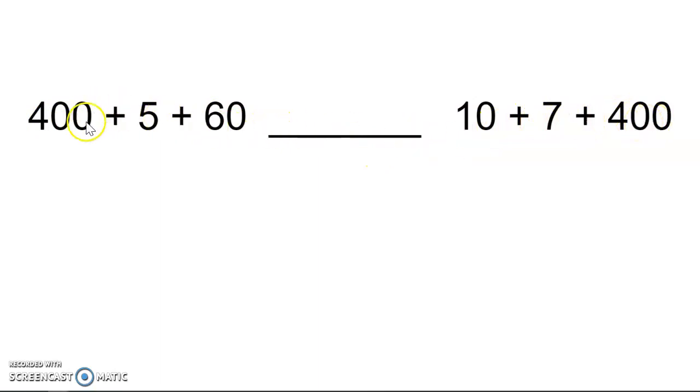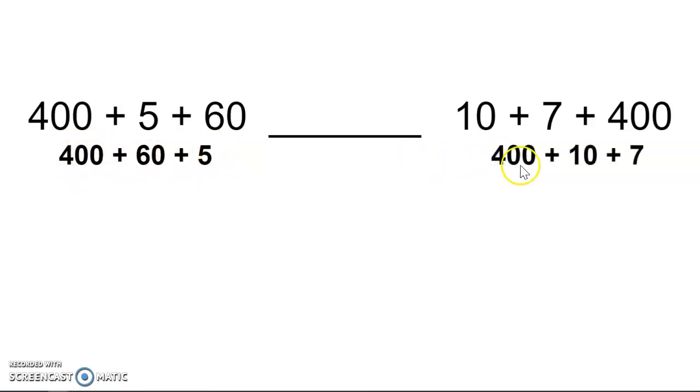Students might want to reorganize this and put it into 400 plus 60 plus 5, so it's in place value order, hundreds, tens, and ones, and this one into 400 plus 10 plus 7, so again it's hundreds, tens, and ones, or students might want to compose them all together and get 465, and over here get 417.